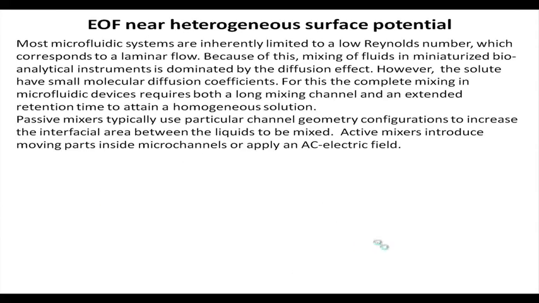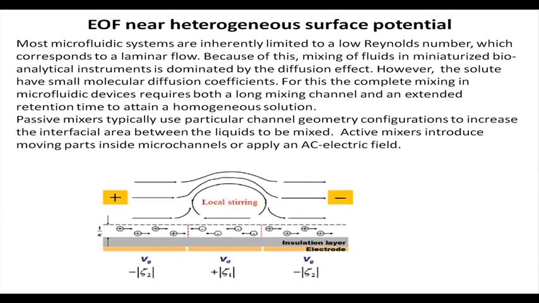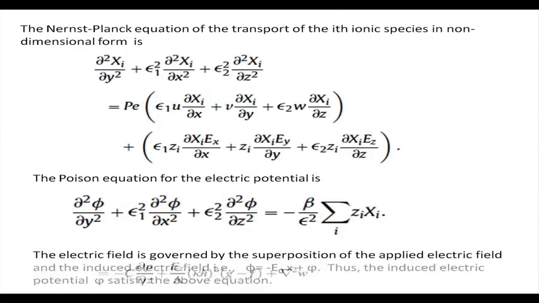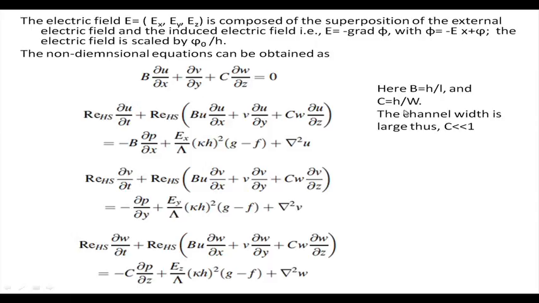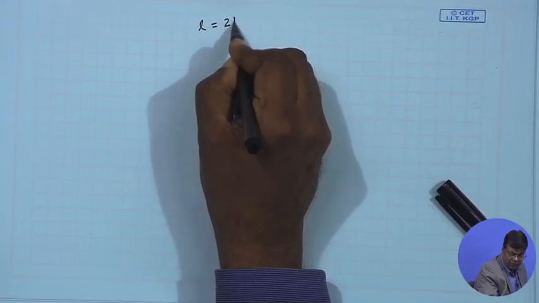Now this parameter c measures the height by width. Obviously we are considering the width to be much higher than the height, so c is many times less than 1, and the length scale is 2 capital L. So here the length scale we have taken is 2L.